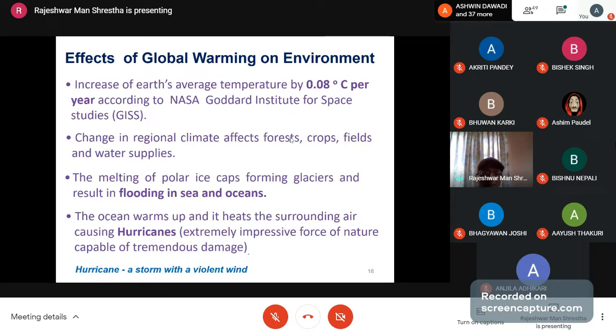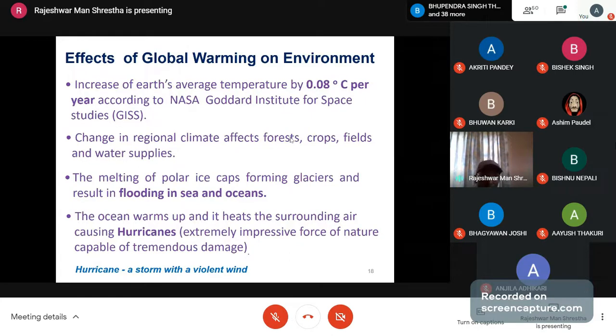And the effect of carbon dioxide, that means the effect of global warming on the environment, is an increase of the earth's average temperature by 0.08 degree per year. The temperature has increased by 0.08 every year, and that has been recorded by the Goddard Institute for Space Studies in NASA, US.